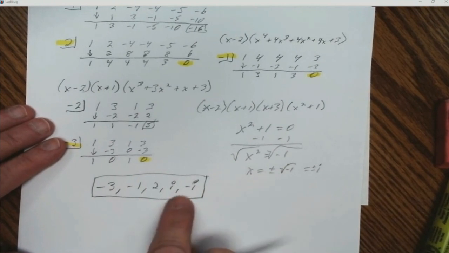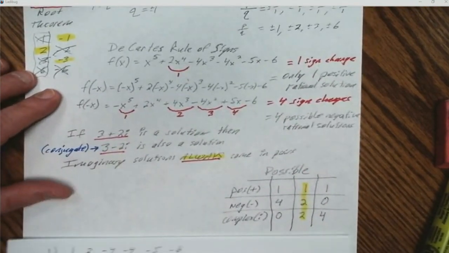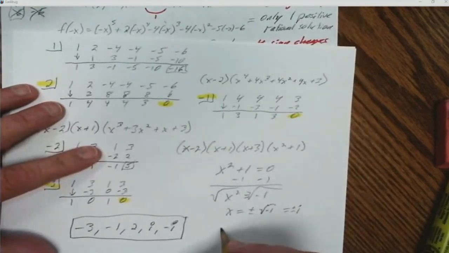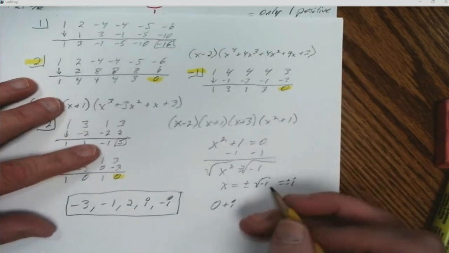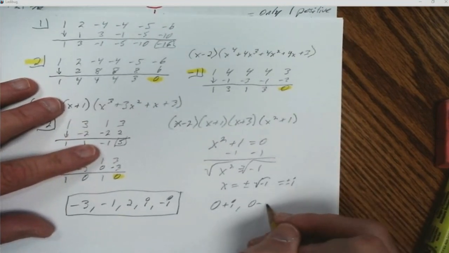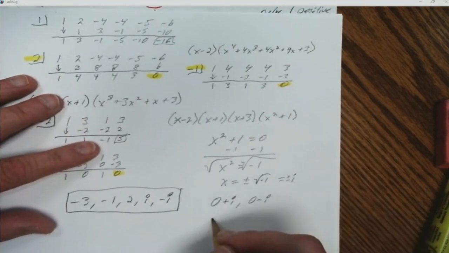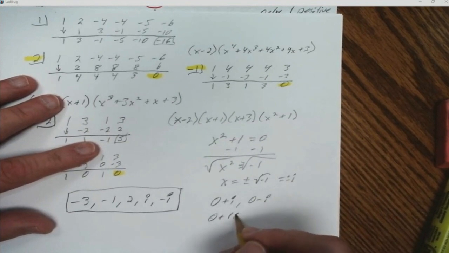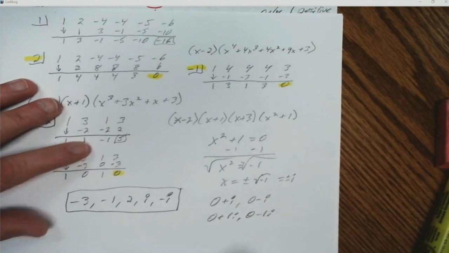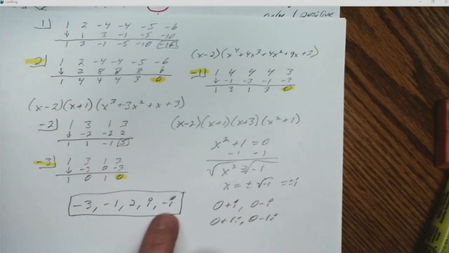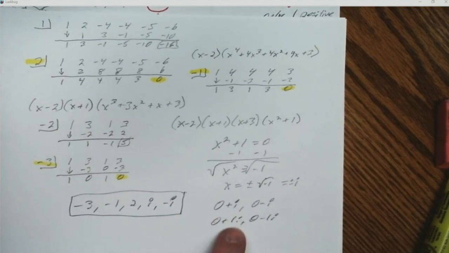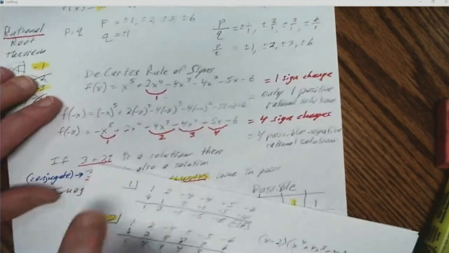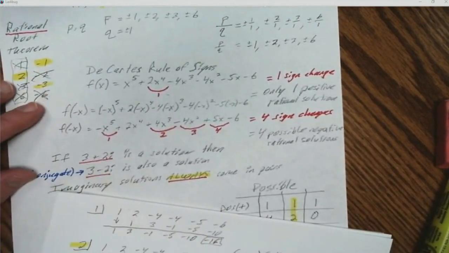If you want to put this in complex number form, because we talked about it like this, it's actually 0 plus 1i and 0 minus 1i. These are all the same: i and -i, 0 plus 1i. They're complex solutions. They're imaginary.